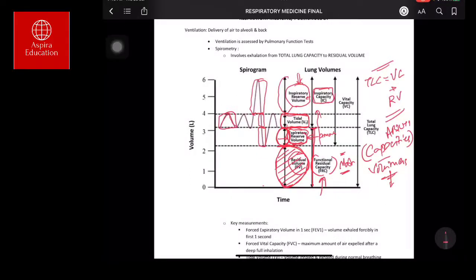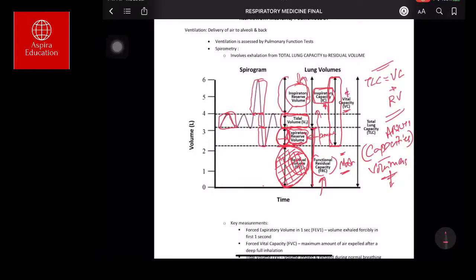Now, this inspiratory capacity is again an ability to increase the amount of air that enters into the lungs. So that means, on an average, if I do not count the amount of volume that can never leave the lung, the person can play with his lungs within this field, which is known as vital capacity.